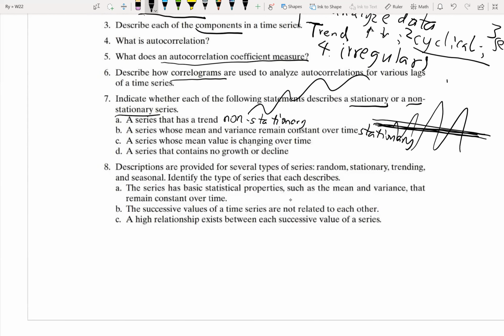Mean is changing over time, non-stationary. D, a series that contains no growth or decline. It is stationary, stable. Okay. Any questions?